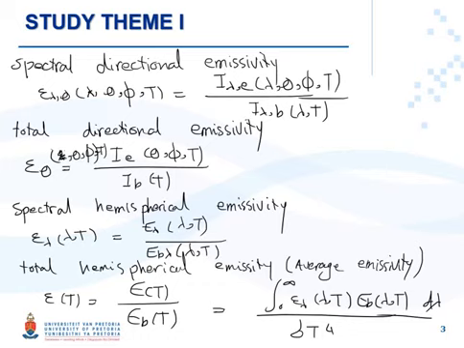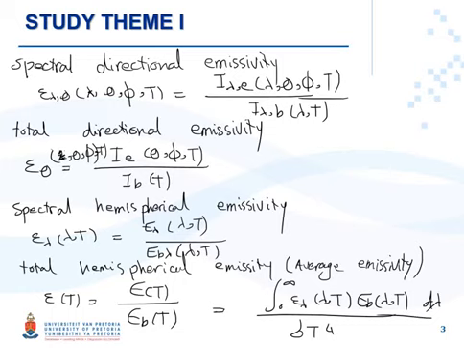Okay. Those are the four different concepts that we define for emissivity, but normally we use average emissivity. Anytime that you see a question that is asking for average emissivity, it means that it's the total hemispherical emissivity.